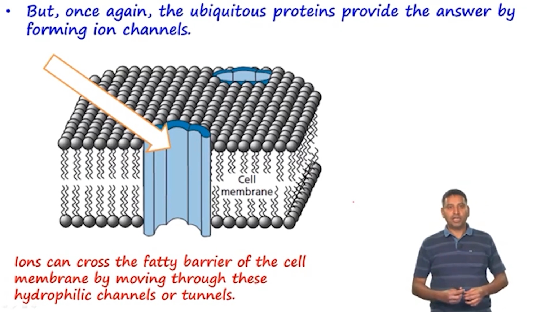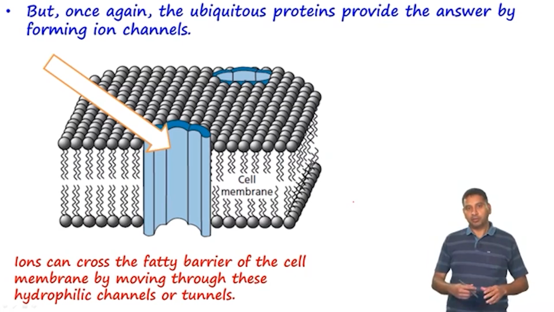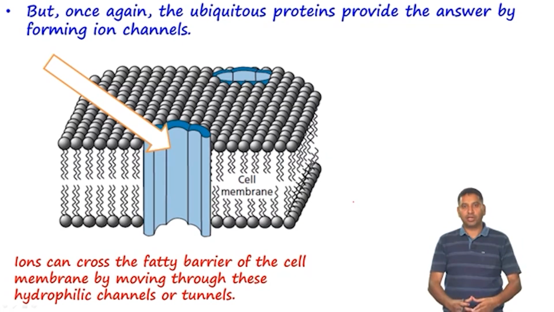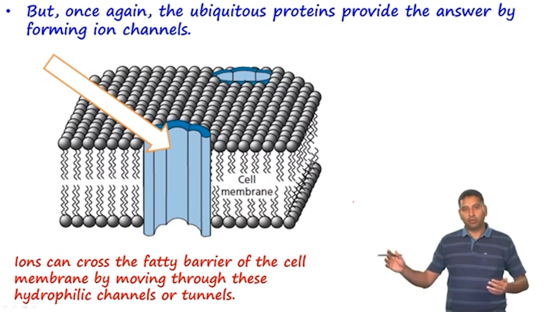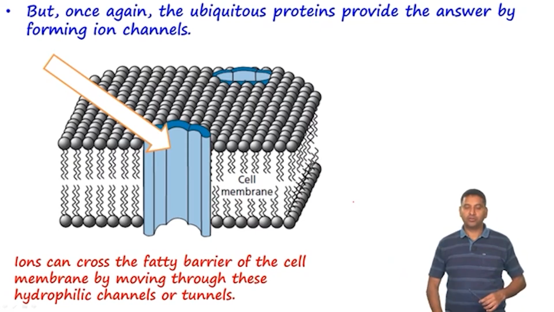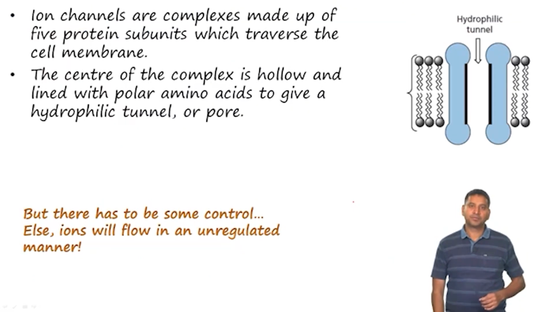The arrow here indicates a typical protein which can transport ions through it. These channels through which ions are transported are called ion channels. Ions can therefore cross the fatty barrier of the cell by moving across these hydrophobic channels or tunnels.